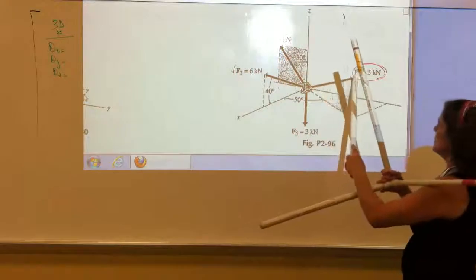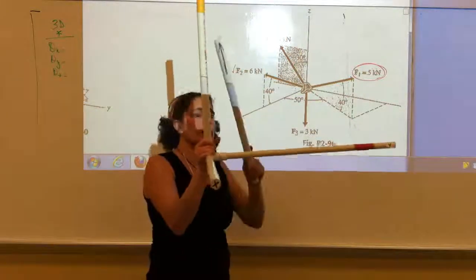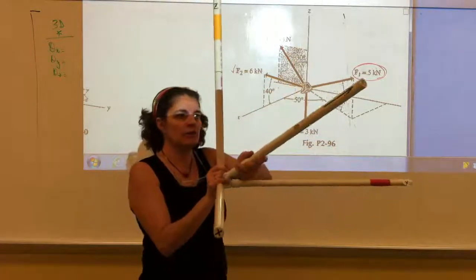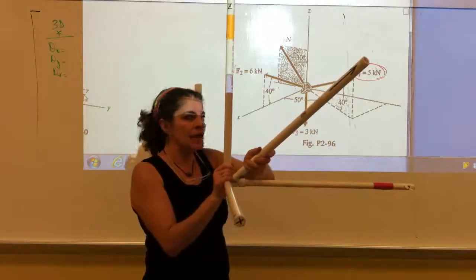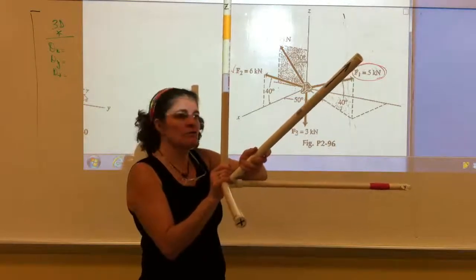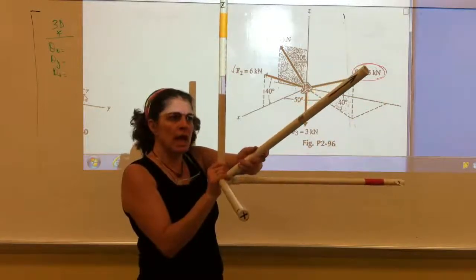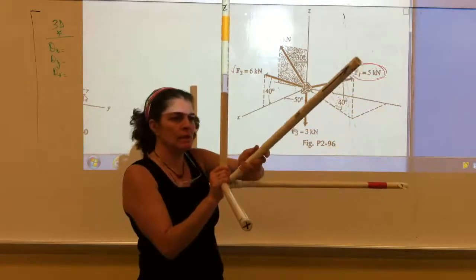Let's take a look at what's going on here for F1. X-axis, y-axis, z-axis, and F1 is going into that first octant. The angle that they're giving us is 40 degrees, projected down onto the xy plane.